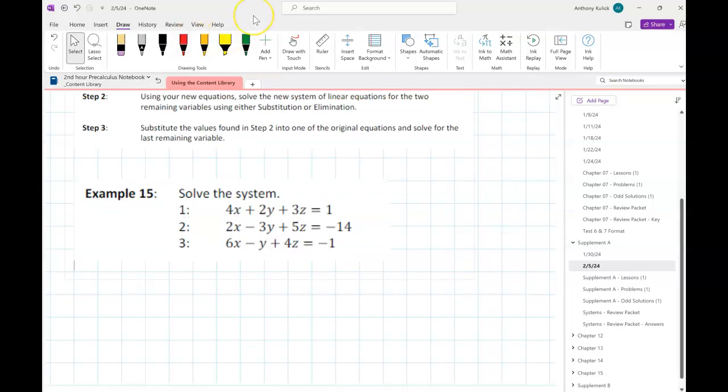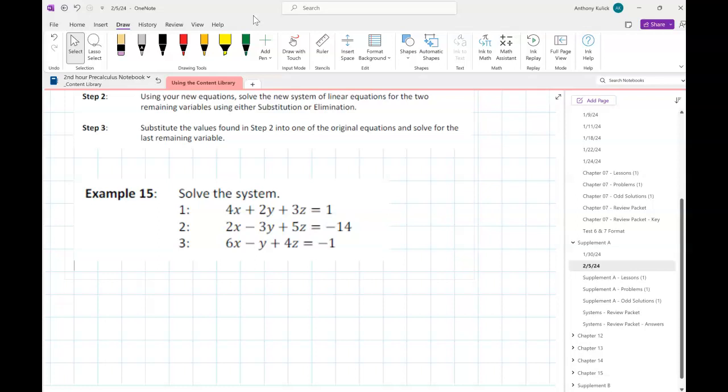All right. Let's do this problem first by substitution, then we'll do it after by elimination. Deal? Okay. If I look at these three equations, which variable and with which equation would be the one I'd want to isolate? Again, trying to make life as simple as possible.